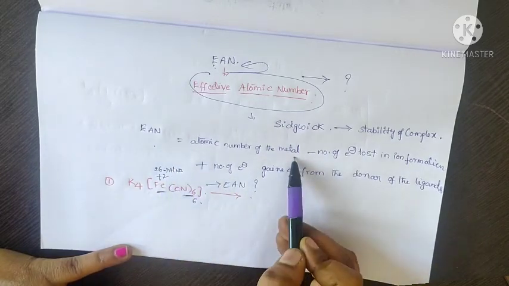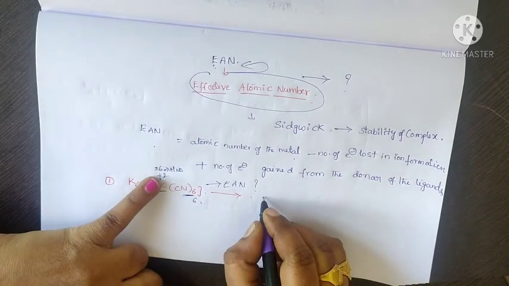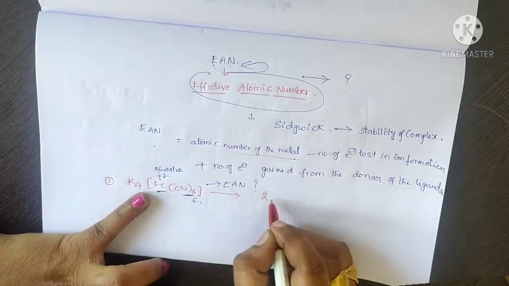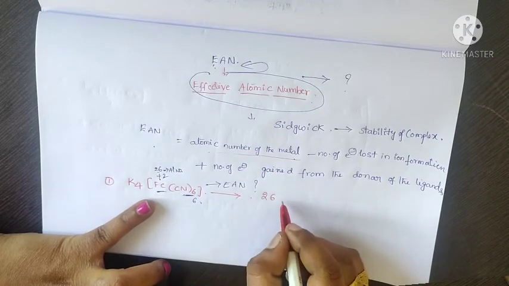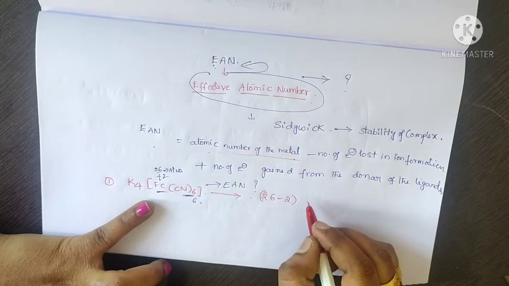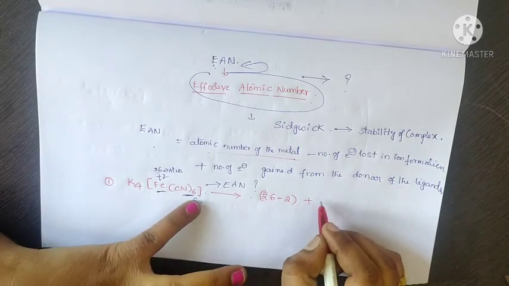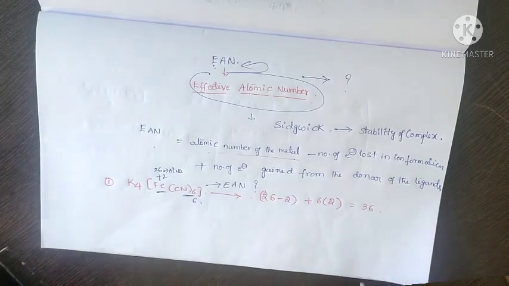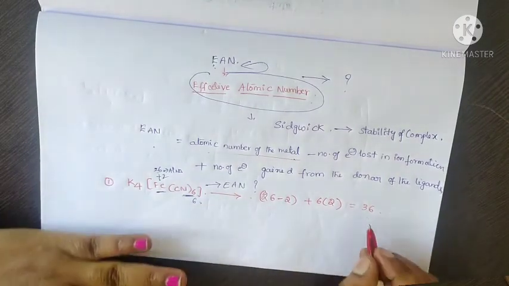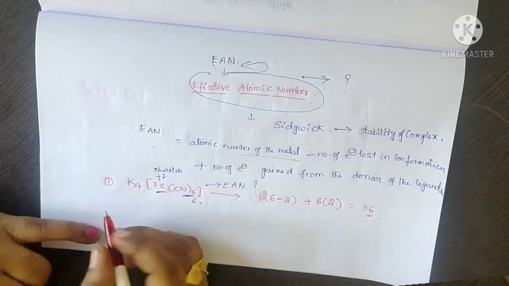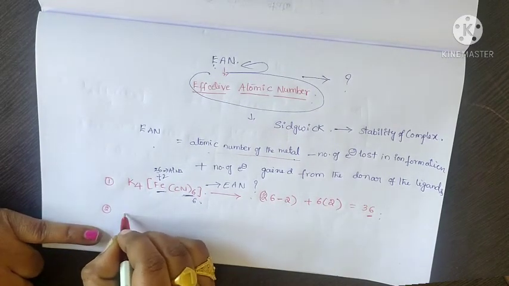Because the number of ligands is 6, the coordination number is 6, and the ferrous oxidation state is +2 and atomic number is 26. So we are calculating EAN. The values are put in this formula: 26 minus 2 plus 6 into 2, that is equal to 36. This is the EAN of this complex ion.